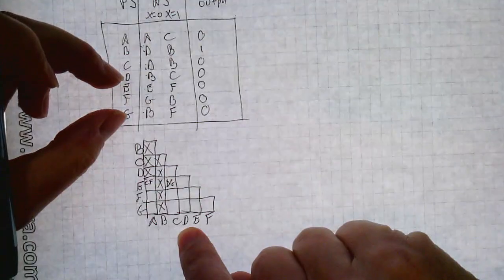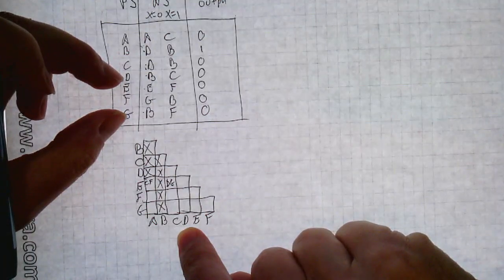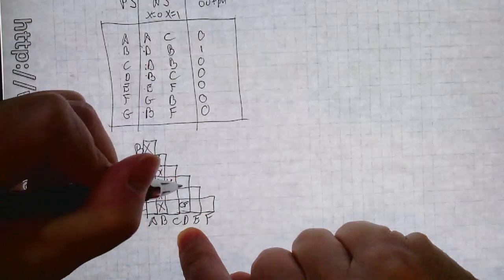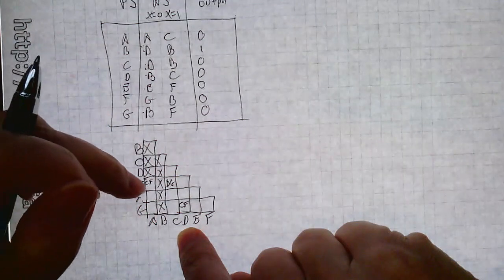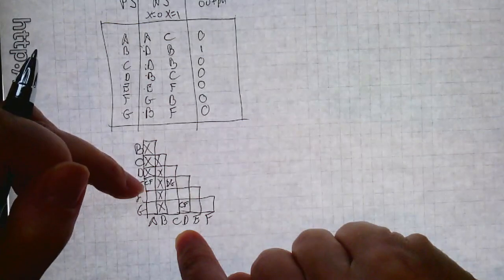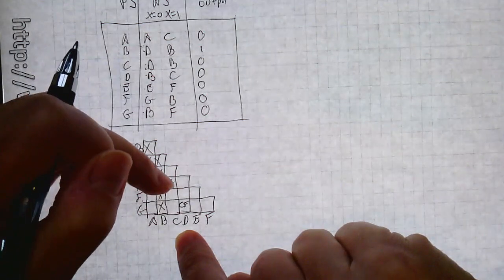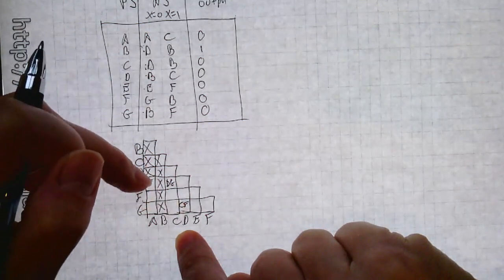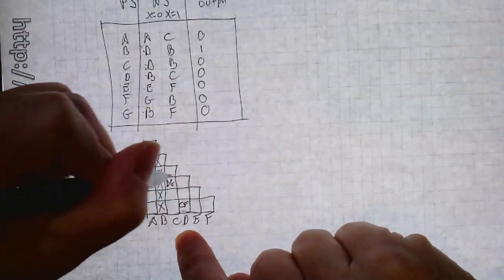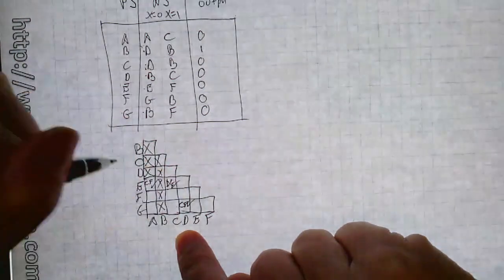DG needs B to B and CF. So DG needs CF. So AE needs CF, CF needs DG, DG needs CF. These are all circular with respect to one another, so I make them out to be equivalent.